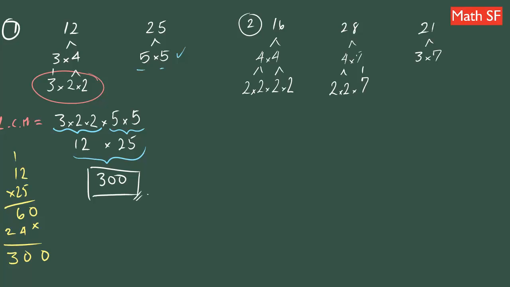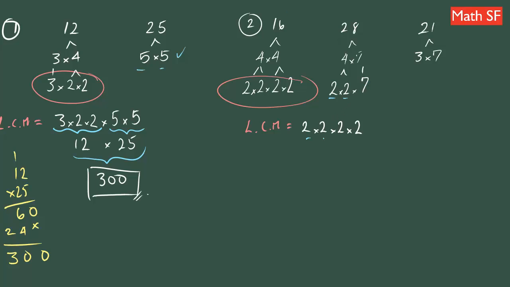Now let's pick one list to write my LCM. Let's pick the longest one, which is this list here. So I'm picking the 2 times 2 times 2 times 2. And I have to make sure that this 2 times 2 times 7 is already included here. Well, I have a pair of 2's here, so I don't have to add any 2's.